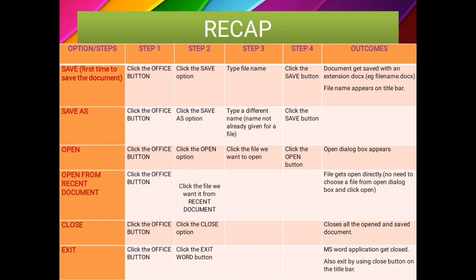Exit is different from close. Exit fully closes the application, not just the particular document. The Word application itself gets closed. These are the topics we have seen in Unit 5.